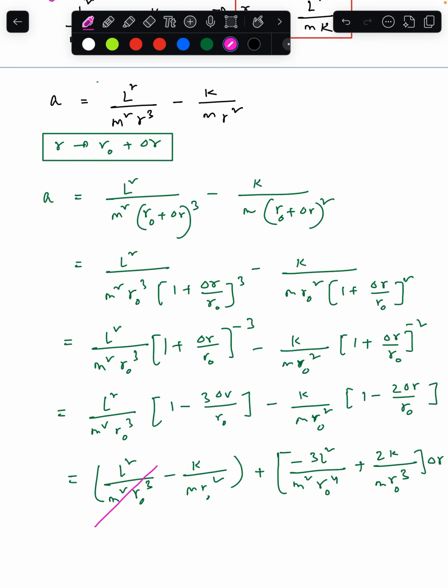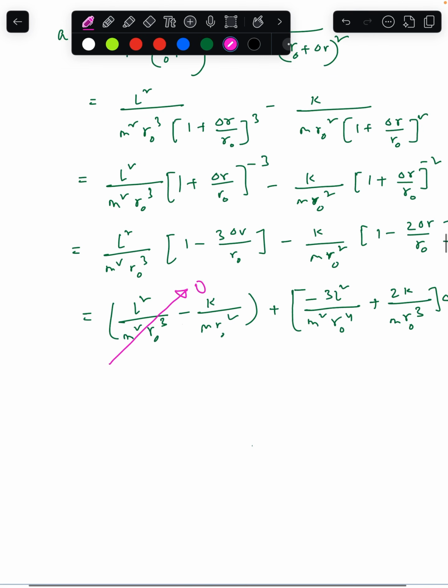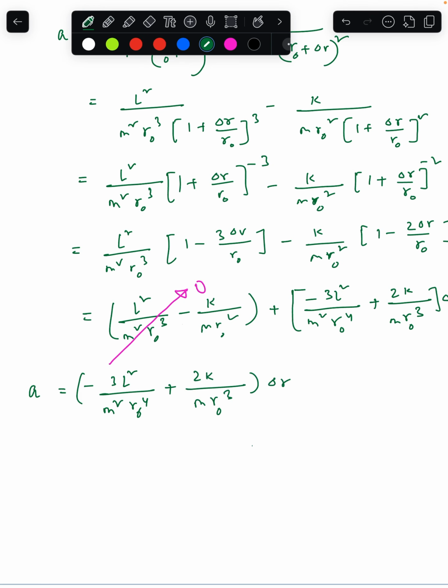By the condition of equilibrium, the first part is equal to 0. So how much acceleration are we left with? It is left with minus 3L square by m square r naught to the power 4 plus 2k by m r naught cube, into delta r.